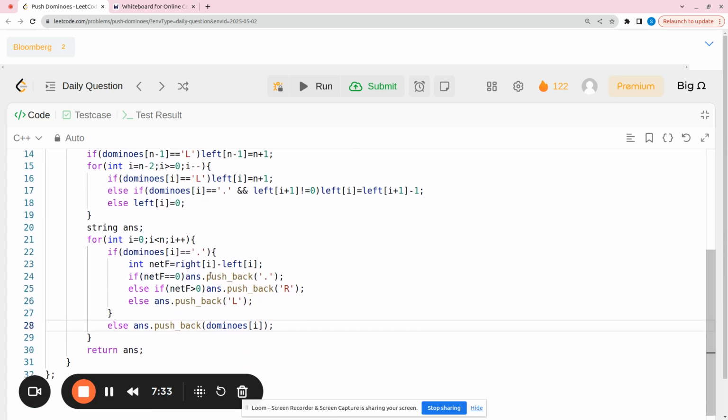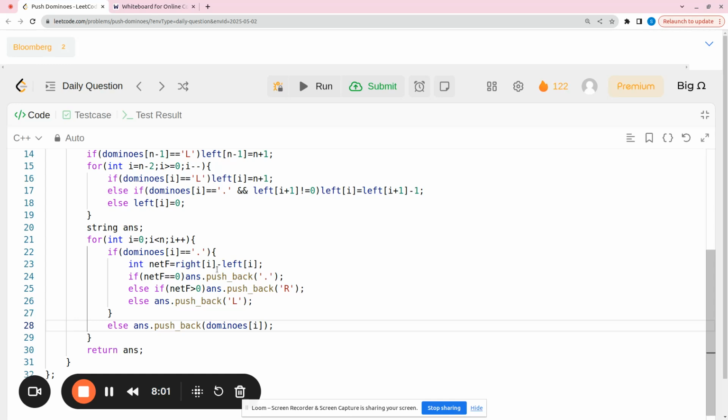Now we are traversing again in a loop to get our final state. If the domino is standing still, we'll calculate the net force acting on it, that is the magnitude of the right force minus the left force. If the net force is 0, this domino will stand still. If the net force is positive, that is the right force is greater than the left force, then this domino will fall in the right direction.